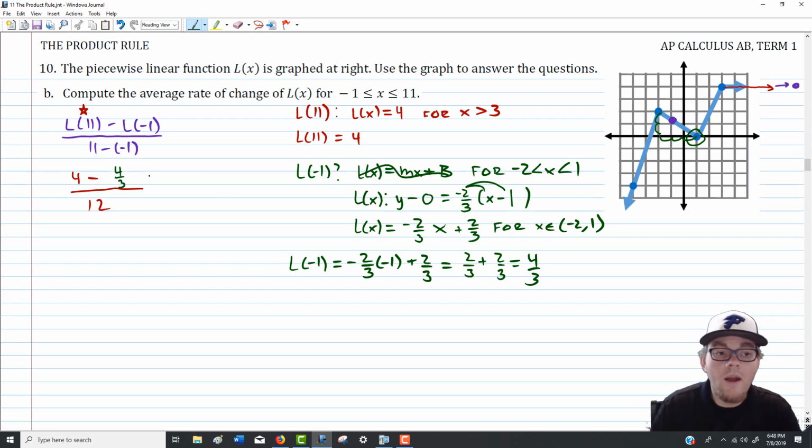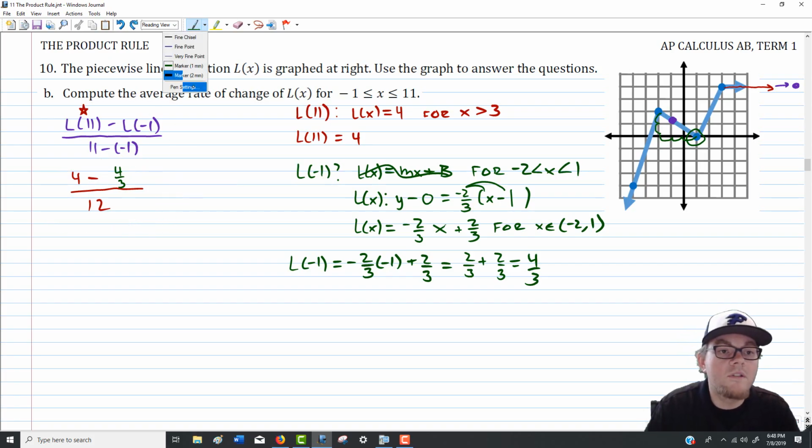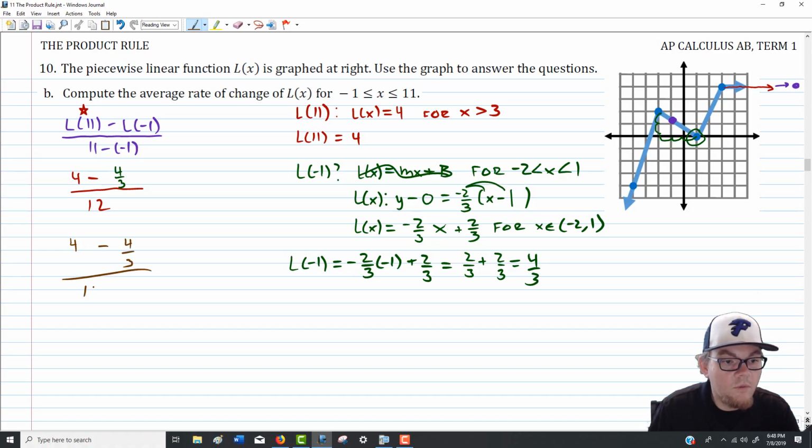As a heads up, if you were out of time, you could just circle that and that would be your answer, and it would be correct. But of course, I settle for nothing that small. I settle for nothing less than the final bestest answer. So in here, looking at our ingredients, this is 4 minus 4/3 all over 12. I'm going to find a common denominator.